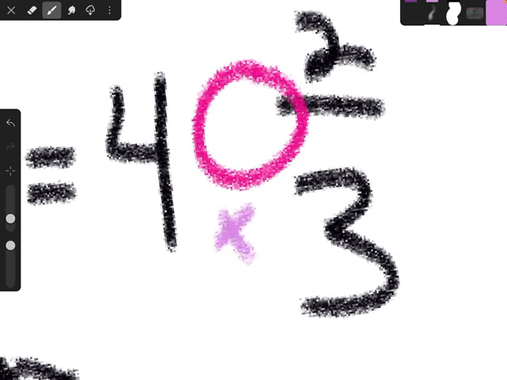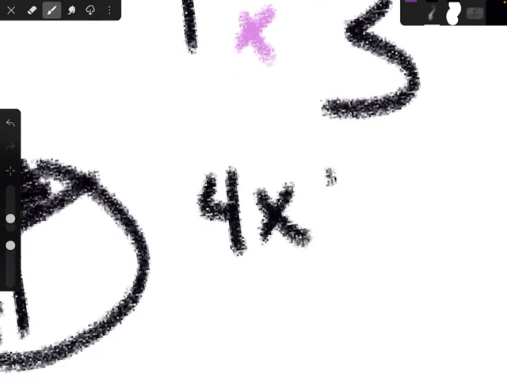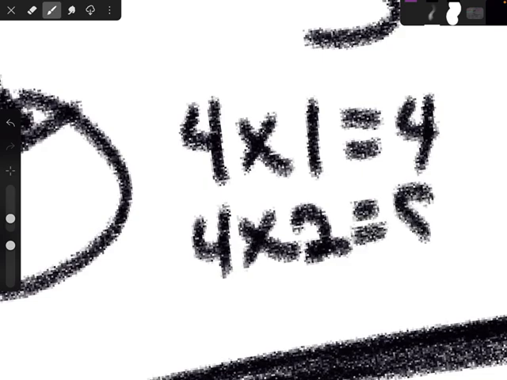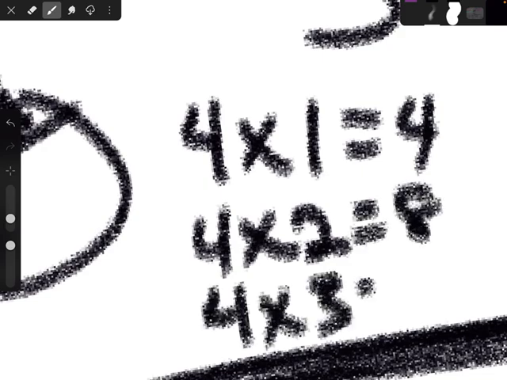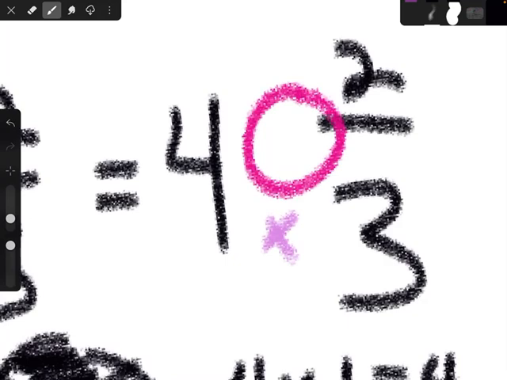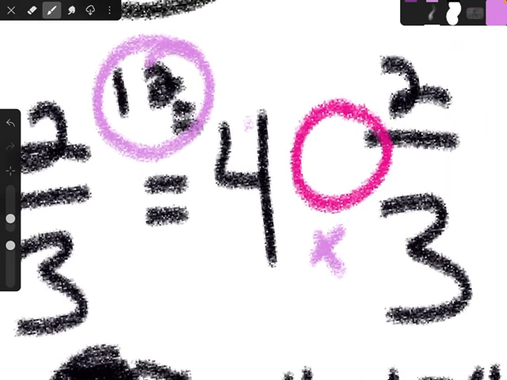What's that? I'm just going to write this out because I know we did multiplication the other day. We did 4 times 2, 4 times 3, right? So 4 times 3 is 12. I'm going to put 12 somewhere over here, so I know that's my answer.